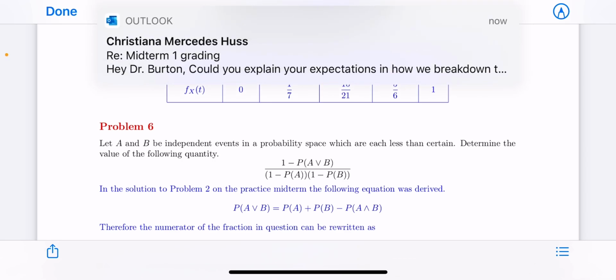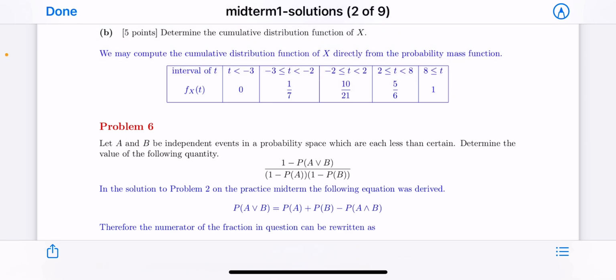And so the equation I have here, which I've cited from the solution to problem 2 on the practice midterm, is exactly suited to turning disjunctions into conjunctions.